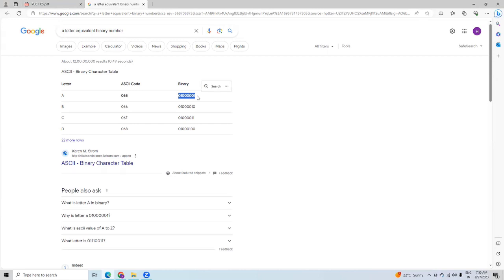Now you think, if you want to write apple, then what all do you have to do? You have to write 8 digits for A, then 8 digits for P, another 8 digits for P, another 8 digits for L, another 8 digits for E. That means for 5 letters, 5 eights are 40 binary bits you have to write.